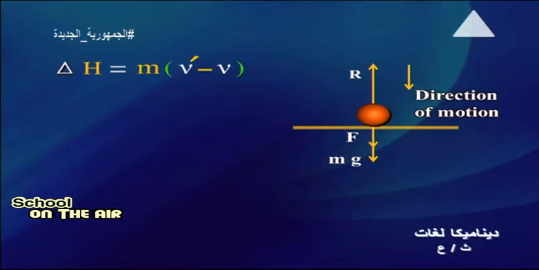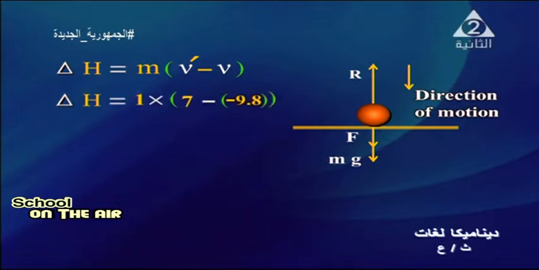Delta P equals mv dash minus mv. Delta P, the change in momentum, equals mass multiplied by change in velocity. Delta P equals the mass 1 kilogram multiplied by 7, which is the velocity after impact, minus negative 9.8, which is the velocity before the impact.